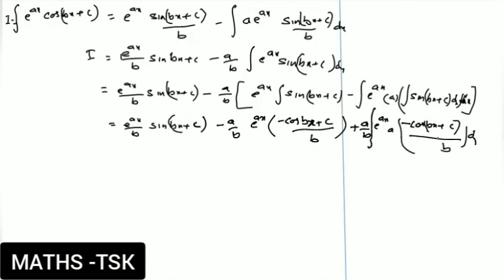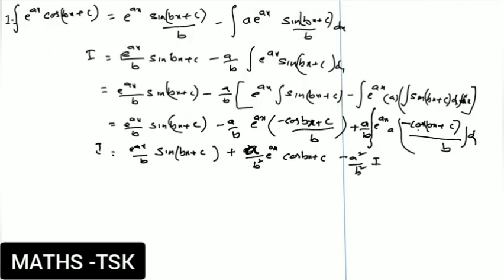So the value is I is equal to e power ax by b sin of bx plus c, minus of minus plus a by b square, e power ax cos of bx plus c, and then minus a square by b square into I. Here e power ax cos of bx plus c is I. Minus a by b, if you take common and multiply with a by b, it becomes minus a square.